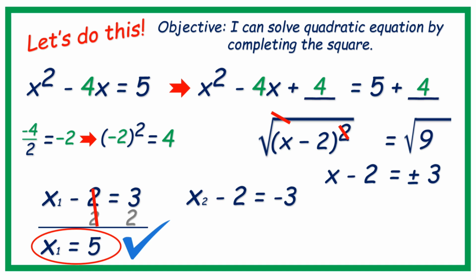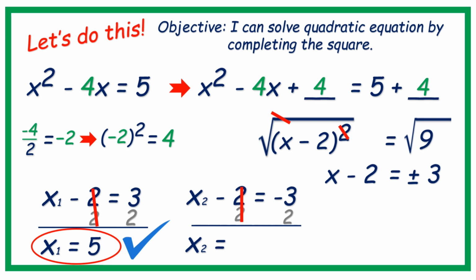Now let's go to x sub 2. Again, in order for us to isolate the variable x, we need to add the opposite, negative 2 plus 2, that cancels, leaving our x isolated, and we have negative 3 plus 2.